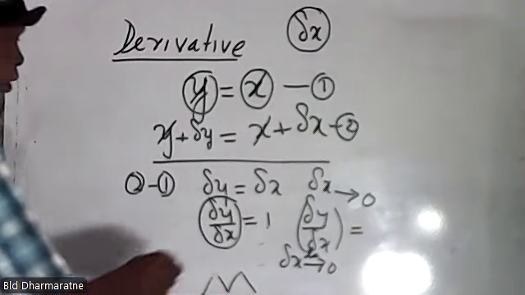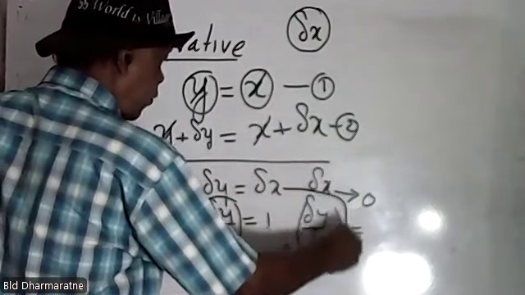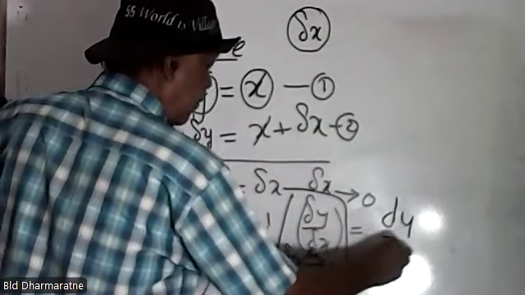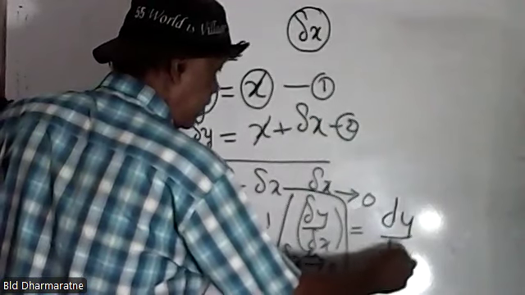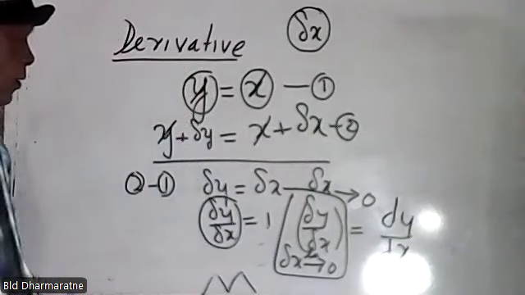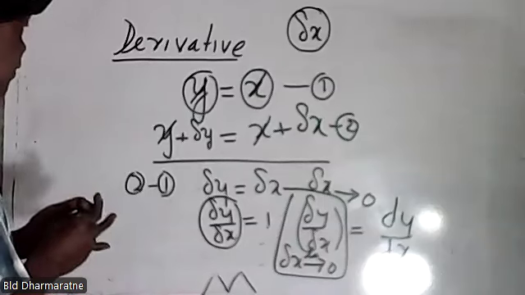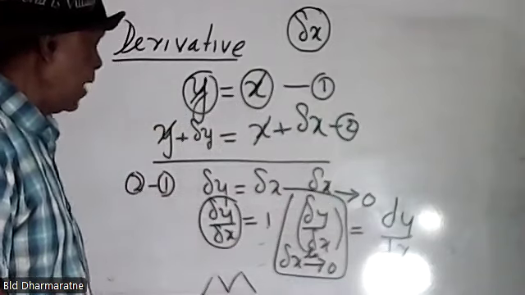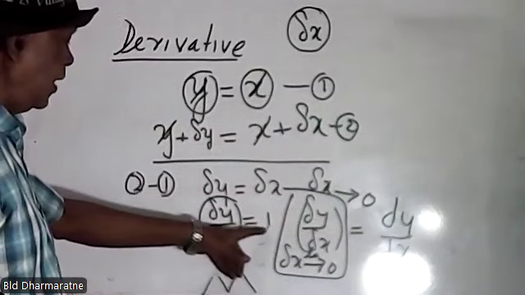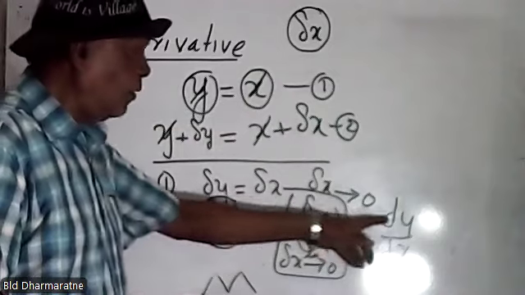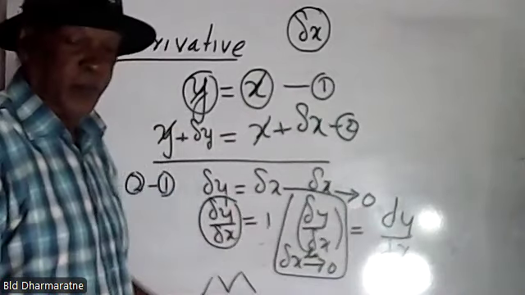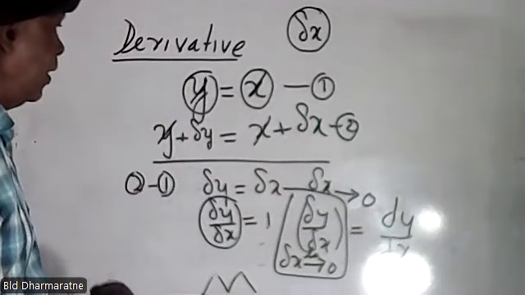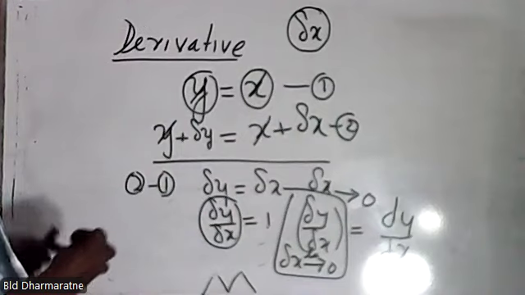This limiting value is normally denoted dy by dx. This is the derivative of the function y equal x. Actually, on the right-hand side I have 1, there is no limit. So dy by dx equals 1 in this manner. This is a small introduction, given as some explanation for going further.